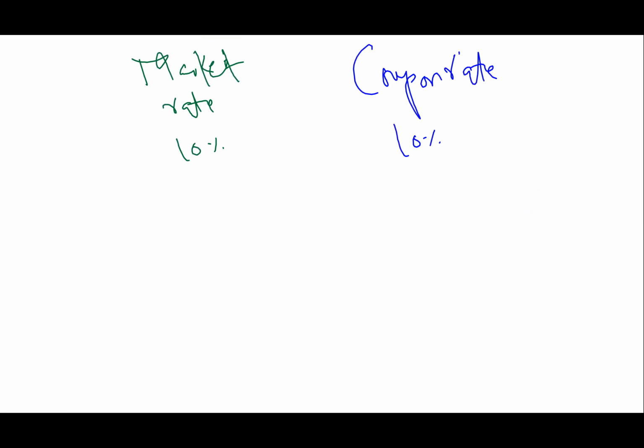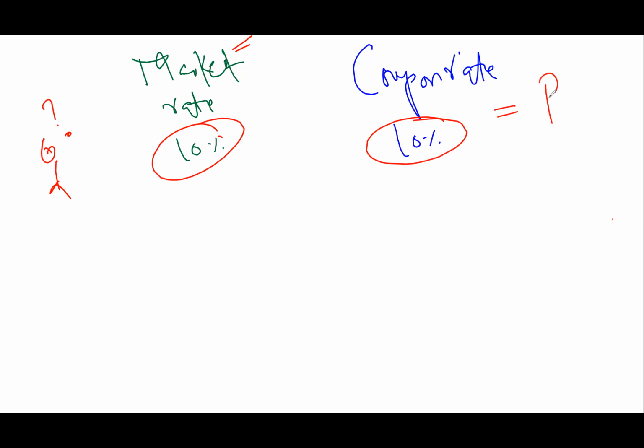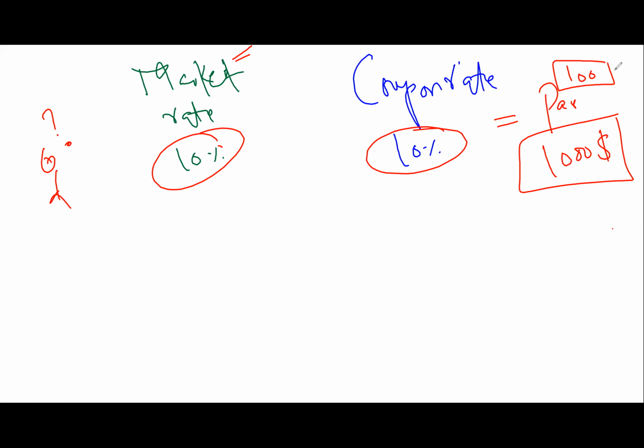So for investors, those who want to save their money, it is indifferent whether they place their money in the market, in the bank, they receive 10%. Whether they place their money with you, they also receive 10%. So the bond would be traded at par, which means $1,000. Or in the market, it is quoted as 100 quote. Right, guys?